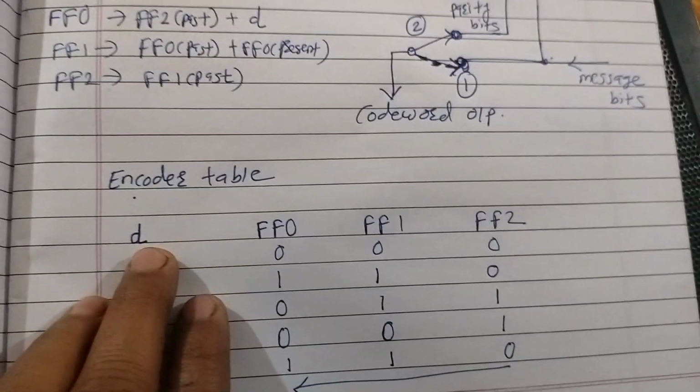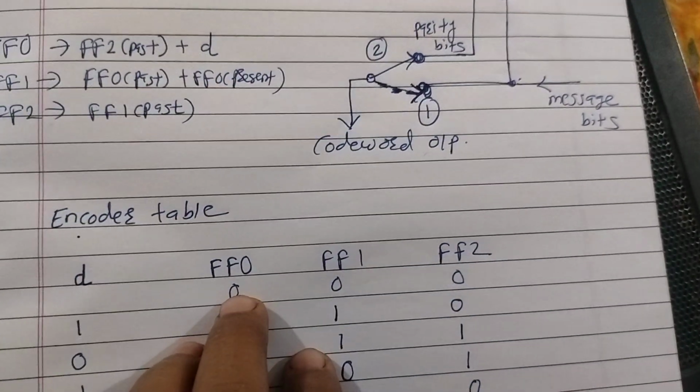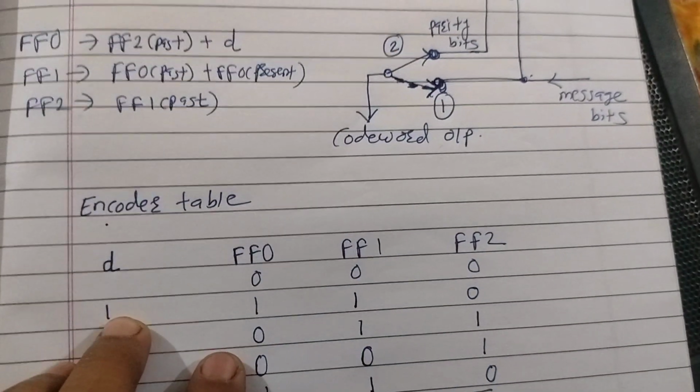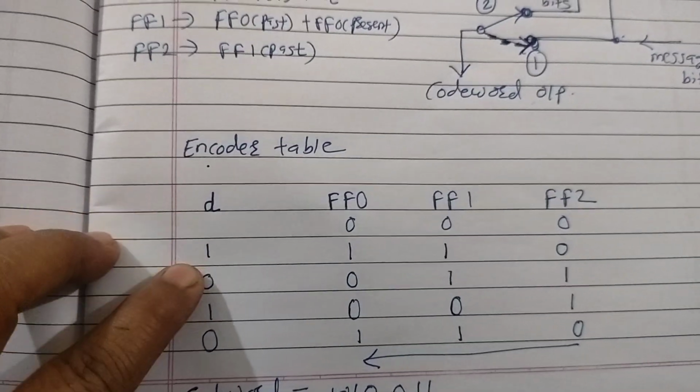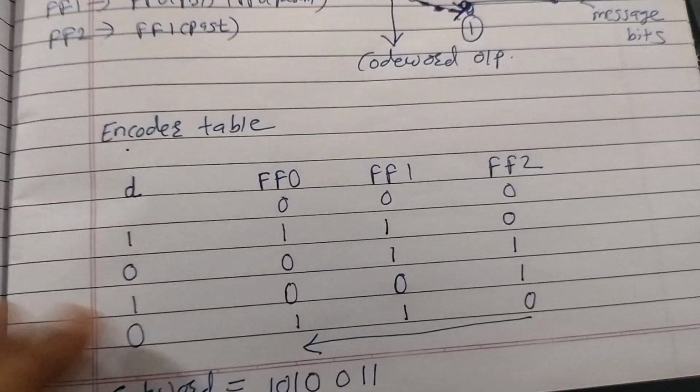You have to write here flip flop 0, flip flop 1, flip flop 2. Initially it is 0, 0, 0. Then D is given as 1010, so write down here 1010. It's very easy. You just see how the answer comes.